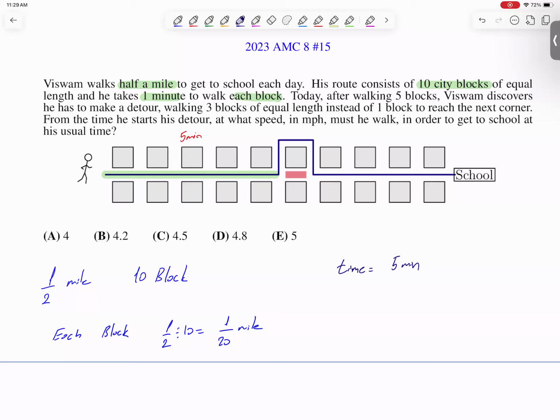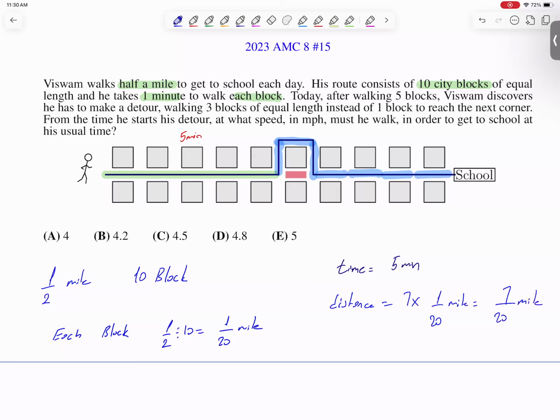And how many blocks is he covering during that time, which is 1, 2, 3, 4, 5, 6, 7 blocks he's covering. And what is the length for that? Distance is equal to 7 blocks, and each block is 1/20 mile, which is equal to 7/20 miles, the distance he needs to cover.